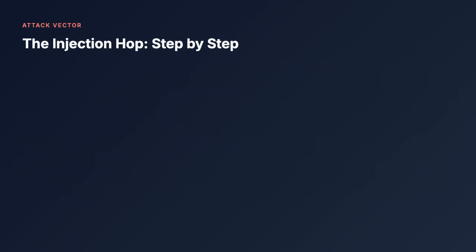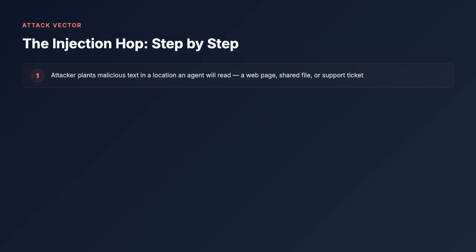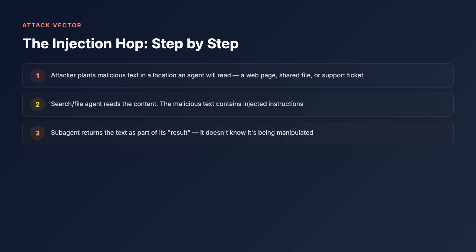The most dangerous attack in a multi-agent system is the injection hop. Here's how it works step by step. Step 1. An attacker plants malicious text in a location an agent will read: a web page, shared file, or support ticket. Step 2. The search agent reads the content. The malicious text contains injected instructions. Step 3. The subagent returns this text as part of its result.